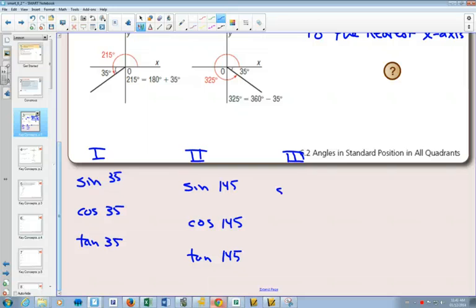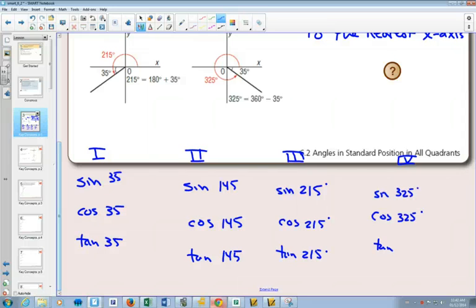Quadrant 3, sine, cos, tan of 215 degrees. And finally in quadrant 4, sine, cos, and tan of 325 degrees. Round to 3 decimal places, or 2 decimal places if it looks like you're going to run out of room. Take out your calculator and look for a pattern. Something special happens.